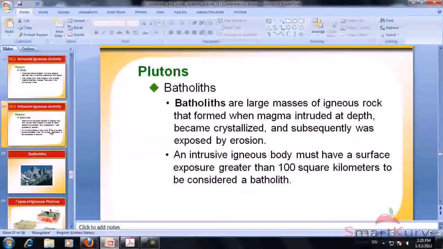But moving back to slide 27, the other type of pluton we're going to talk about, batholiths. That's that large mass of igneous rock. We've already learned about batholiths as the basic form of intrusive igneous rock, like when magma cools inside of a magma chamber.